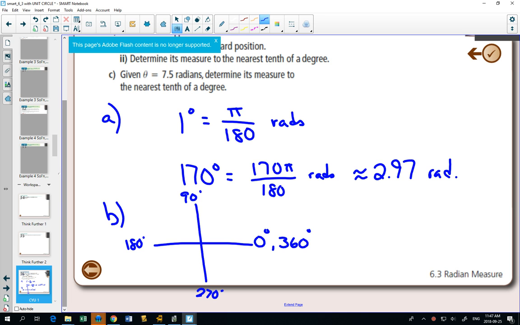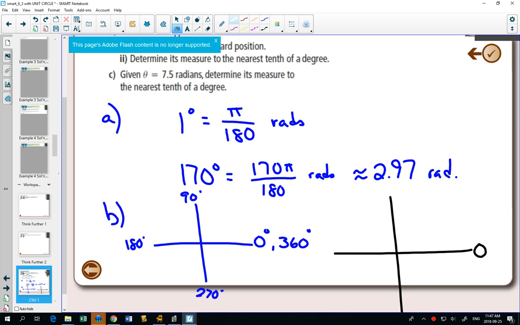If we draw the same thing in radians, well, you'd start with 0 radians. All the way around would be 2 pi radians. Halfway around would be pi radians.